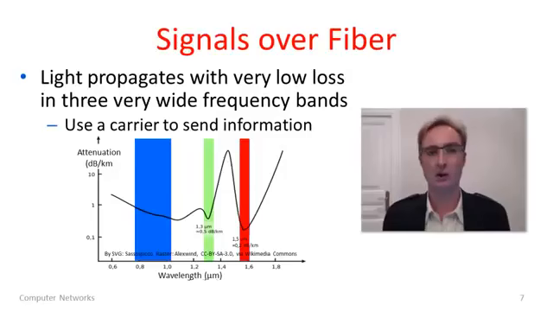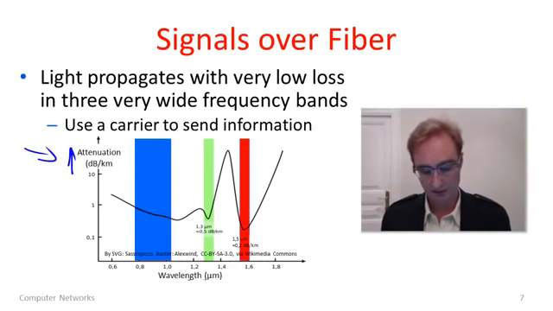Okay, so what about fiber? Well, I don't have much to add about the transmission mechanisms over fiber. Rather, the important differences in sending signals over fiber compared to wires have to do with the physical characteristics of fiber. This figure shows you the attenuation on the vertical axis against frequency, or wavelength, as I'll get to in a minute, on the horizontal axis.